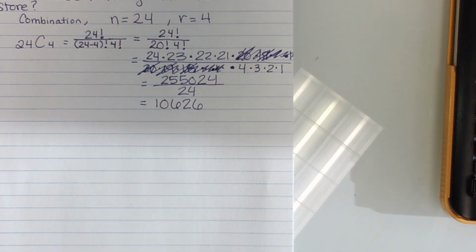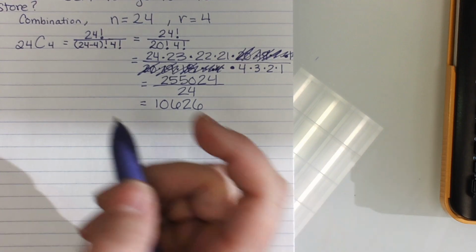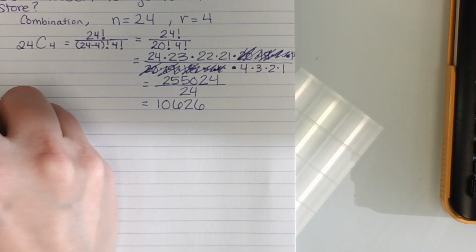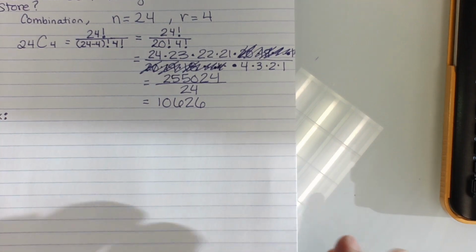There are 10,624 ways I could randomly choose 4 students to go to the desk floor. And here's where the probability comes in. Here's where the tripping point came in.